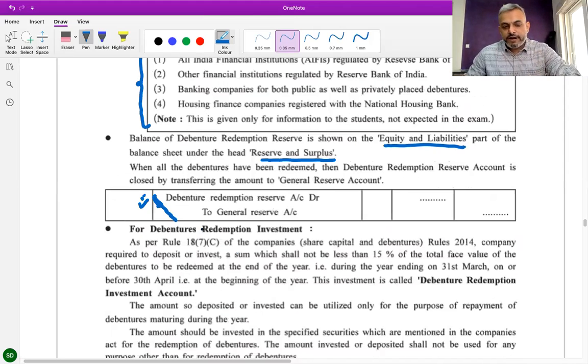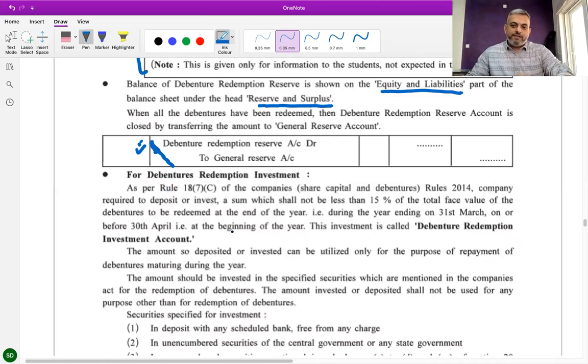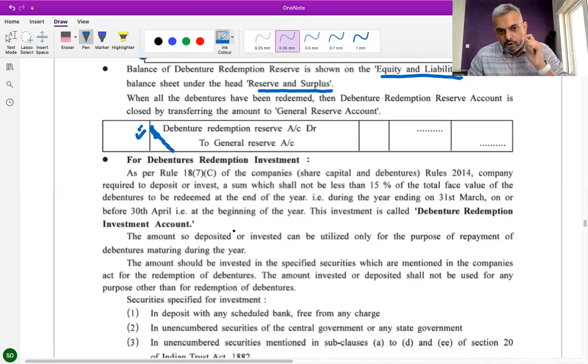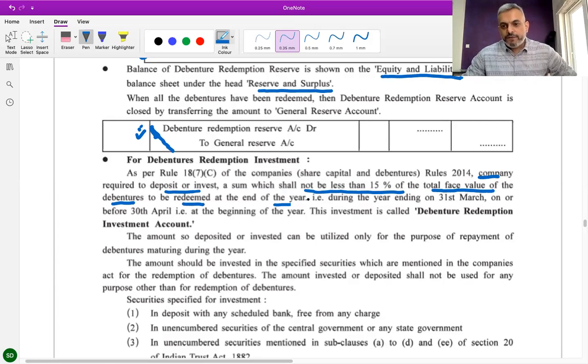Now, let's go for debenture redemption investment. So, there is one more clause of the Companies Act which says that the company is required to deposit or invest a sum which shall not be less than 15% of the total face value of the debentures to be redeemed at the end of the year.